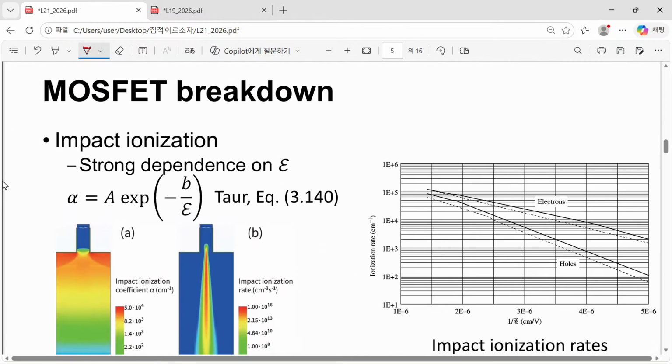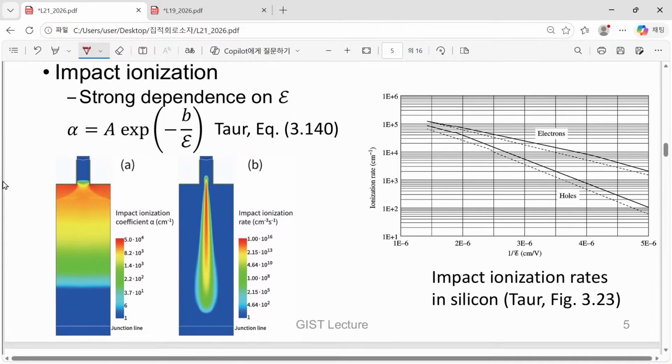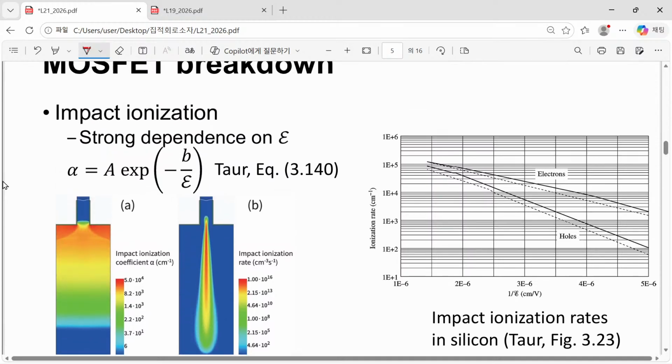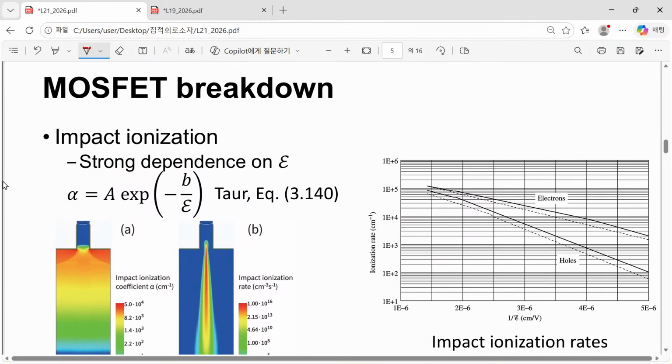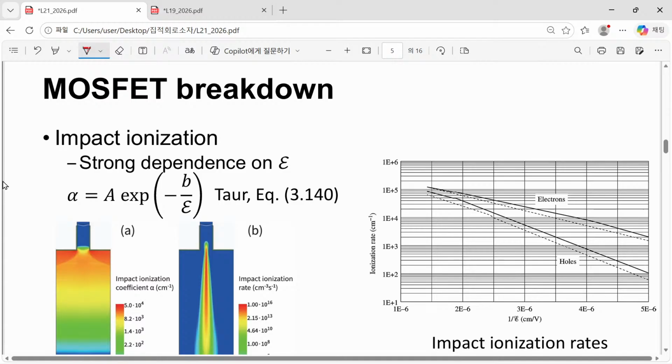Okay, so finally for the first part of today's lecture, we will talk about breakdown. But I think the main mechanism has already been considered. So, impact ionization. Have you heard about impact ionization in our previous course? Yes.